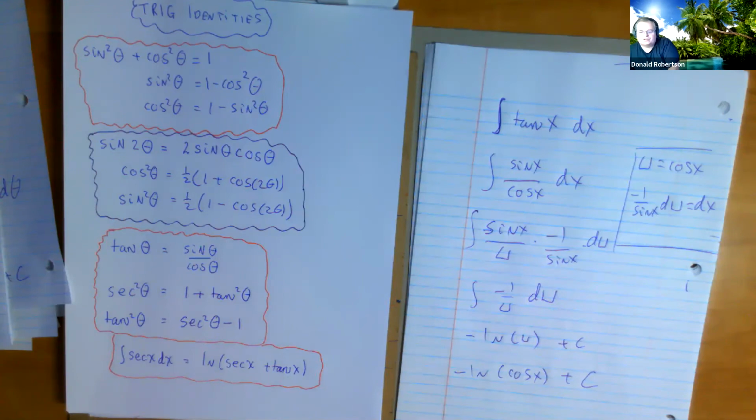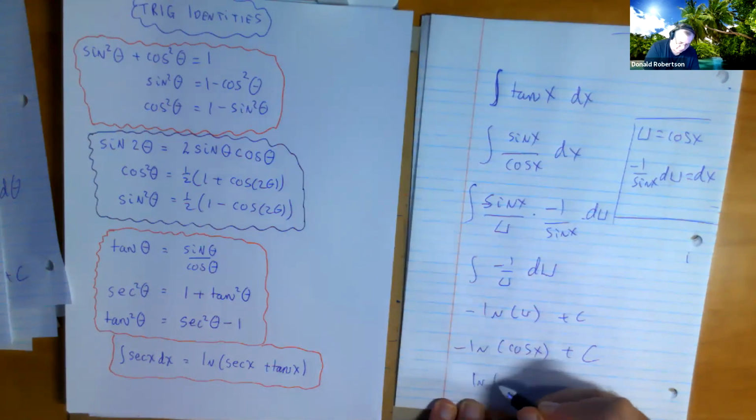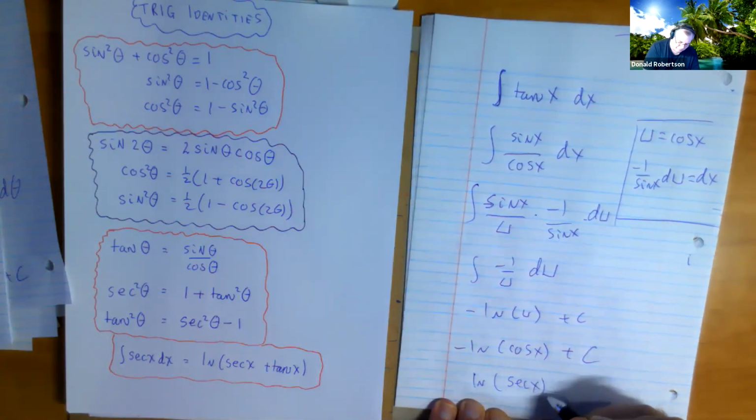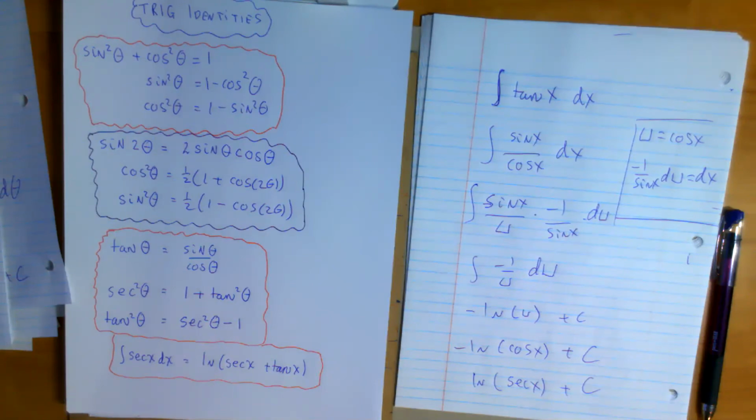But although it's right, it's not the way it's written. How does negative the log of cosine become the log of a secant? You can take out the exponent from the cosine inside the natural log.